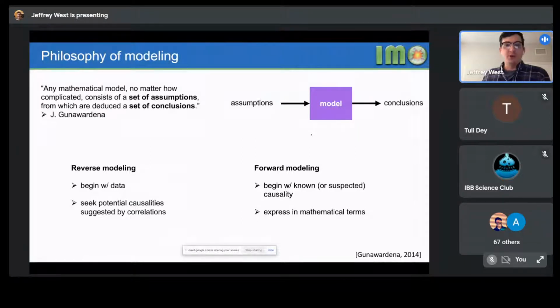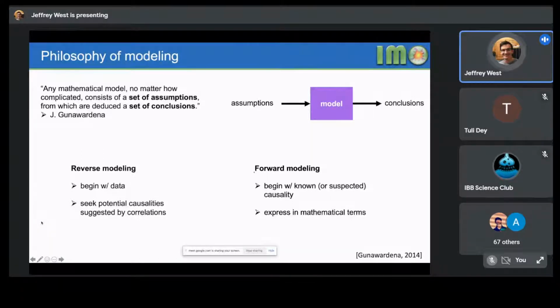This is really important for one main reason: it allows us to do something called forward modeling. Typically, you might be used to mathematical models that begin with a set of data, and we try to construct a model that might fit that data. Today, I'm going to talk about a different style of modeling called forward modeling, where we begin with a known or suspected cause and express that in mathematical terms.